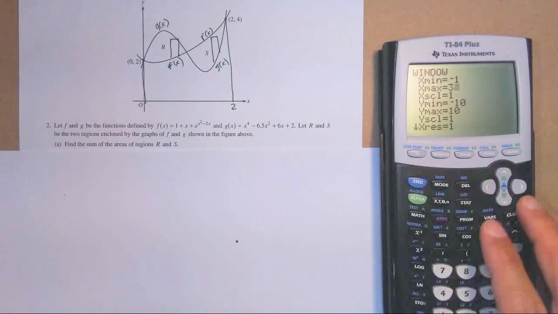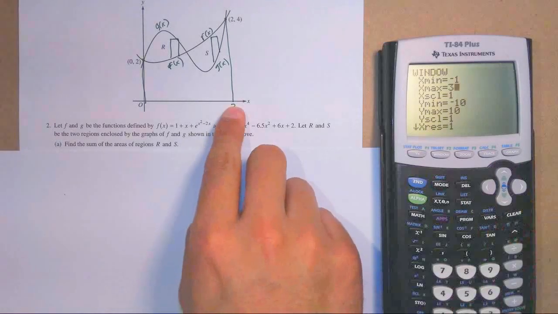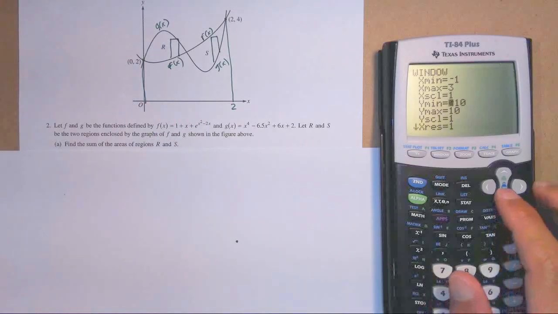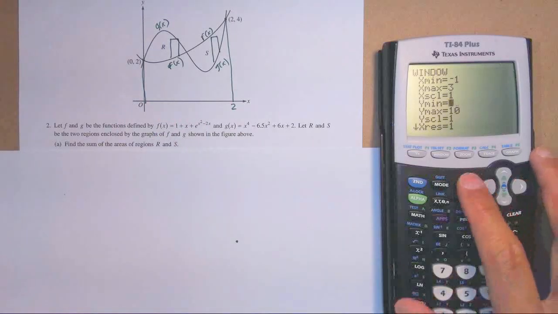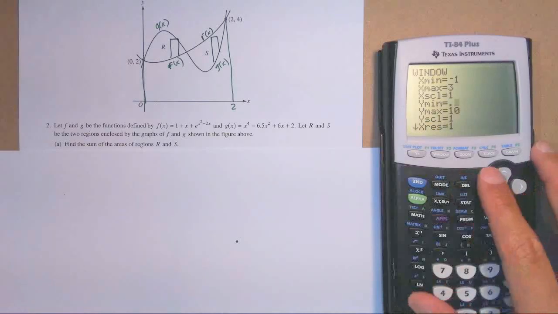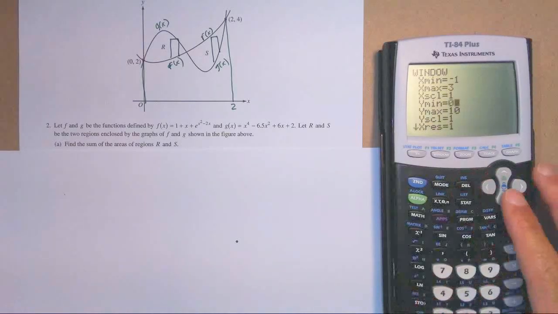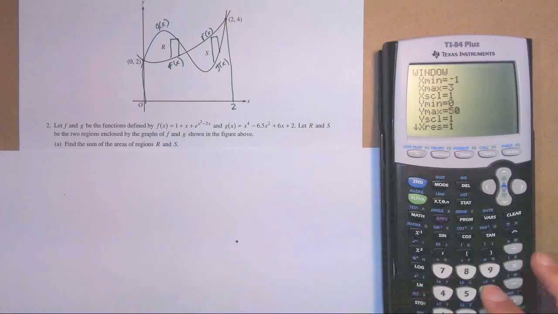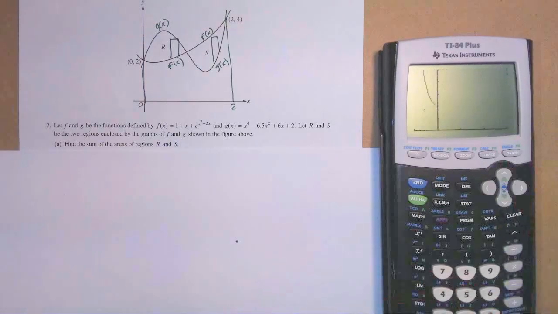Now I'm also going to change my min and max of my y, because my min on my y is 0, and my max is a little bit more than 4, so I'll change it to 5. And then when I graph it, it should look a little bit like our actual picture that was given to us.